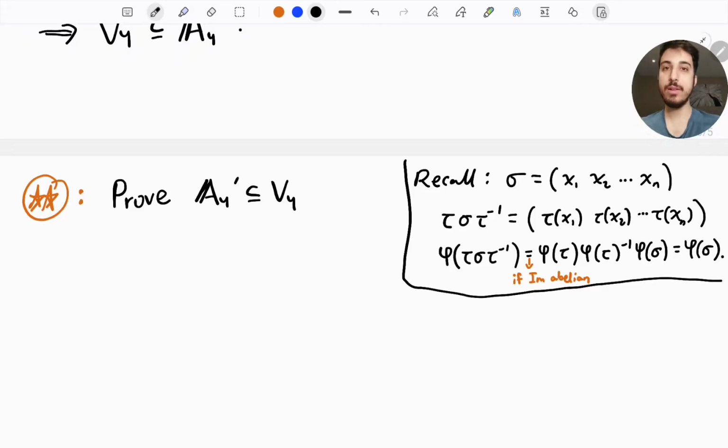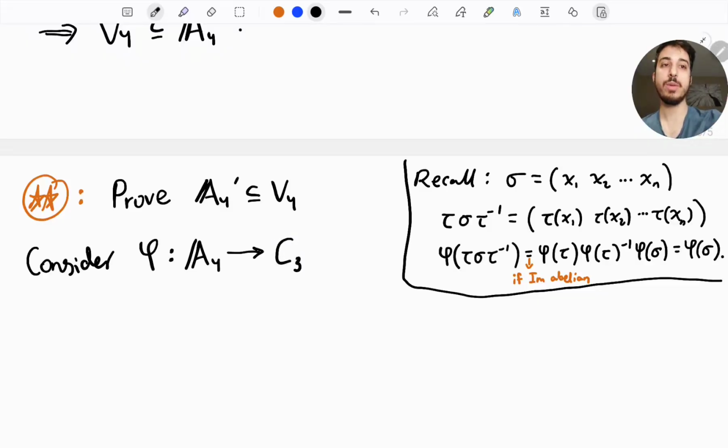The tricky part here is to find that homomorphism, to construct it. So we consider the homomorphism phi that goes from the group A4 to an abelian group, and the abelian group that I'll choose here is the cyclic group of 3 elements. If you don't remember what cyclic groups are, I highly recommend you go back in the playlist and click on the lesson on cyclic groups.